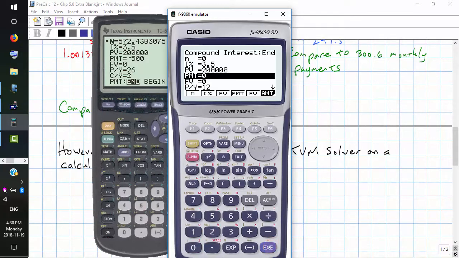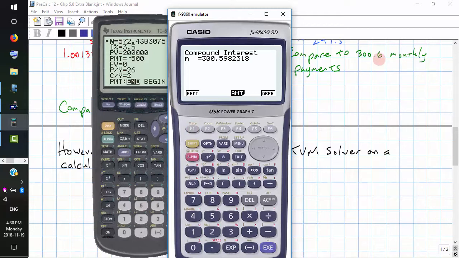This time we're doing our monthly calculation, so our payment is negative $1,000. And we have 12 and 12. Okay, and we want to go up and calculate N. So I press F1, and we get 300.6 monthly payments.